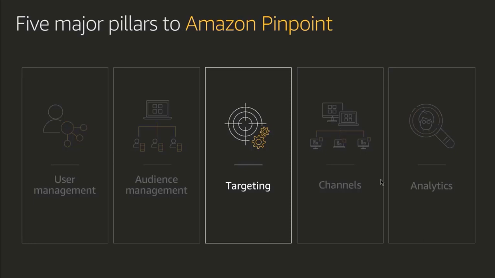Or you can build journeys, which are very similar to campaigns, but journeys transcend time. So you can have 7, 14, 30 days, whatever time frame you'd like. You can have these immersive journeys, and you can have different messages sent to different users based on different preferences over time. So really powerful capabilities there.